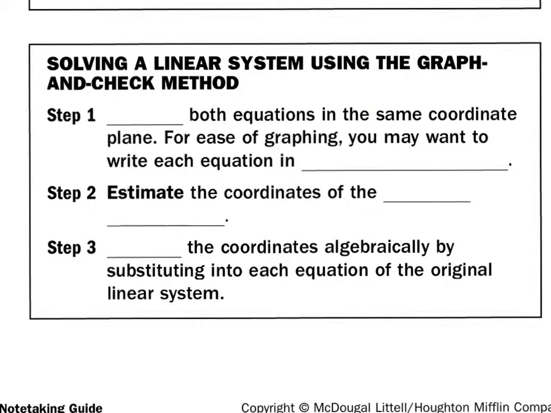To solve a linear system using the graph and check method, we're going to do 3 steps. The first step is to graph both equations in the same coordinate plane. For ease of graphing, you may want to write each equation in slope-intercept form.